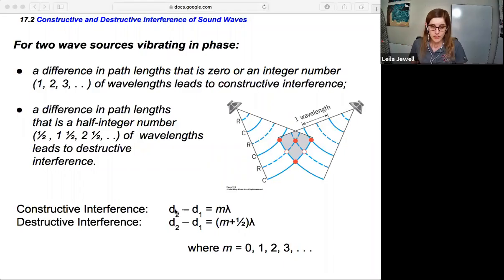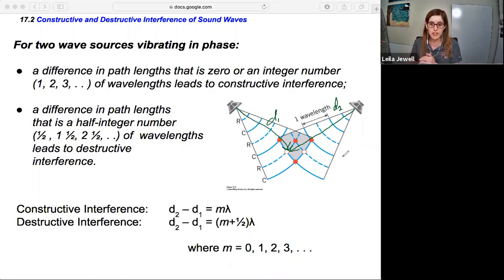So for constructive interference, d2 minus d1 is equal to m lambda. We could draw that out here on this particular one. Call this one d1, and then the distance from the speaker to that same point, we could call d2. We're just looking for the difference in path from one speaker to the point and the other speaker to the point.